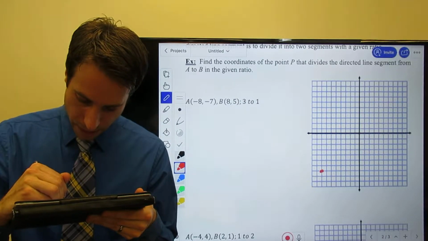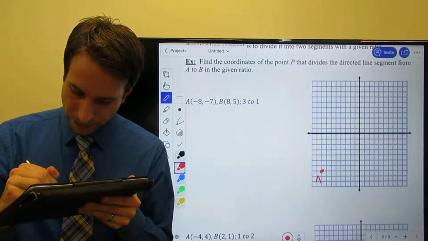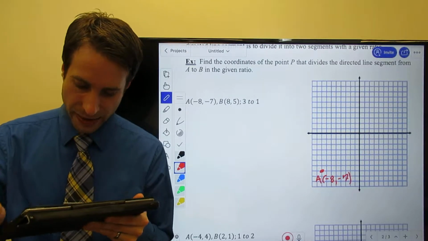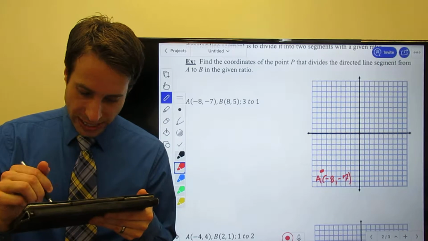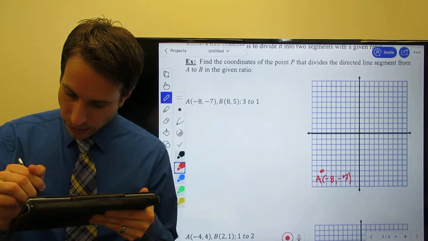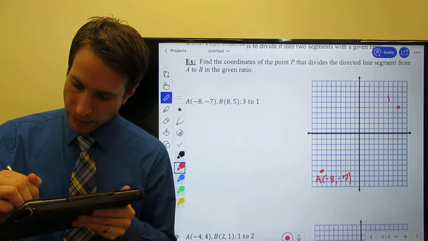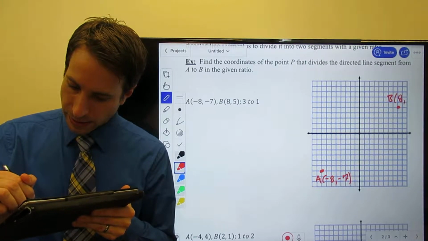All right, right there, there's point A, -8, -7. Now I need point B, which is at 8, 5. Right there. This is point B at 8, 5.